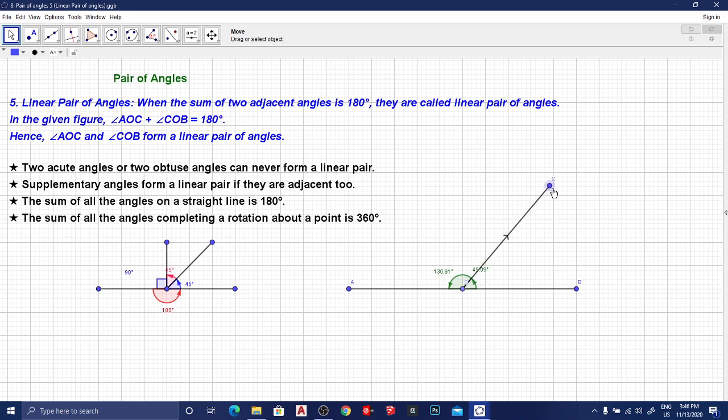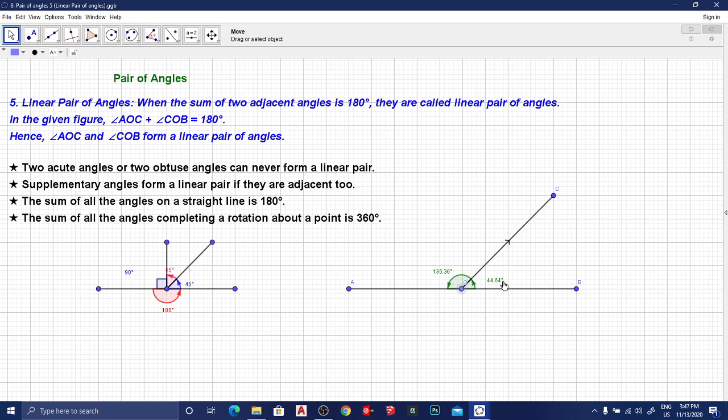If this angle is 45 degrees and this is 135, then 135 plus 45 is 180, and these two angles are adjacent because there is a common arm and a common vertex. Since these two are adjacent and the sum of the angles is 180, this pair of angles is called a linear pair.